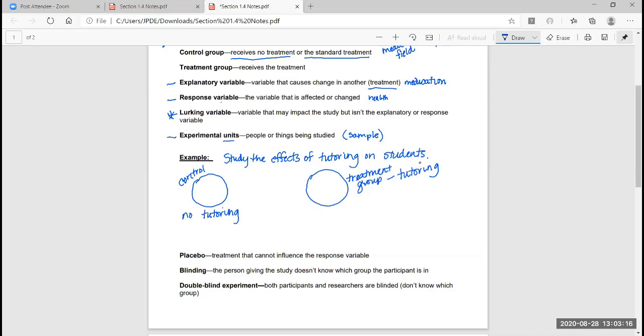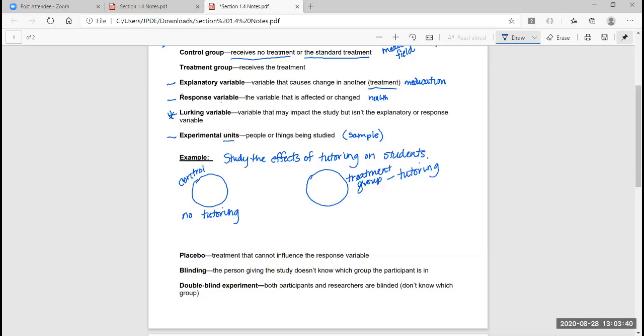Okay. And when we set up this experiment, we would want to make sure that we had a random assignment to whether you're in the control group or the treatment group. Okay. So here, our treatment would be the tutoring.